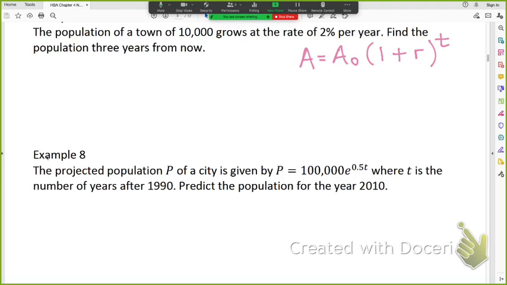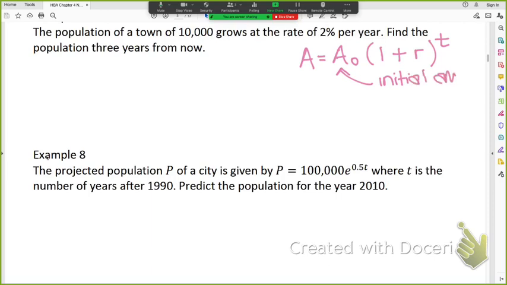This formula is almost exactly the same as the last one. The letters are just different because it's not a money formula. So A equals A sub 0 times 1 plus R to the T power. T is your time. R is still your rate. A sub 0 is called your initial amount.